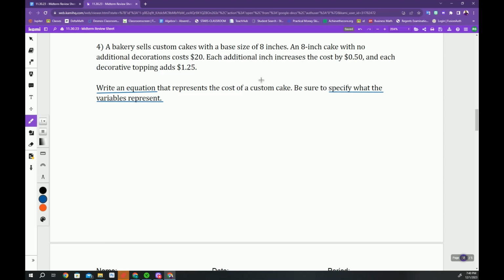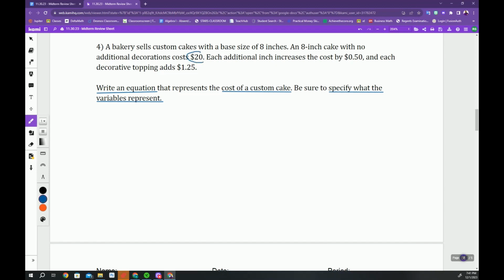Now, there are actually some extra numbers in here that might confuse us. So let's read that question one more time. What we're going to focus on is what costs money, because we're looking for the cost of a custom cake. So a bakery sells custom cakes with a base size of 8 inches. 8 inches isn't money, so we're going to keep going. An 8-inch cake with no additional decorations costs $20.